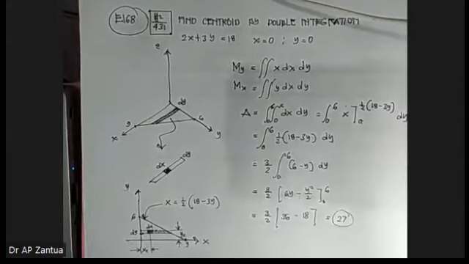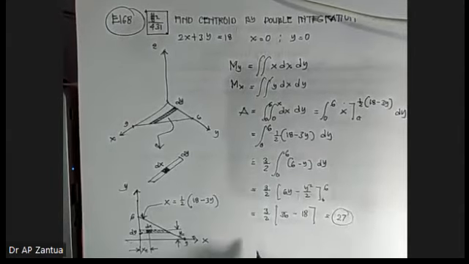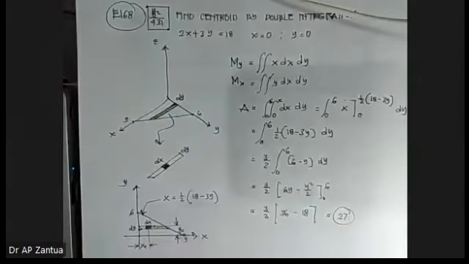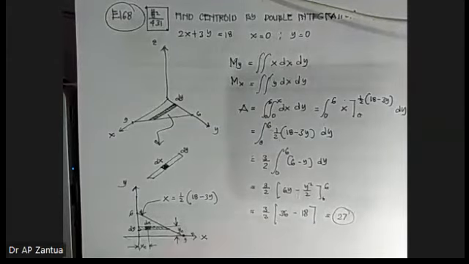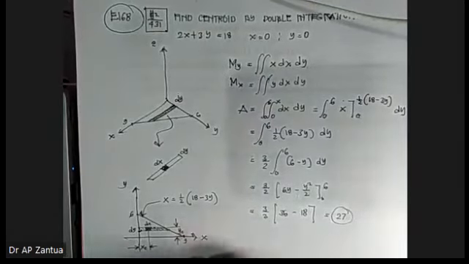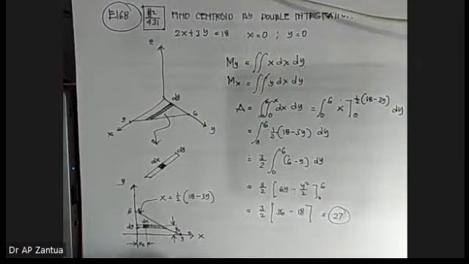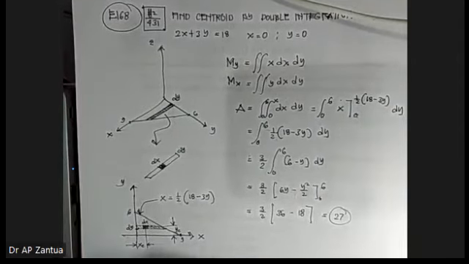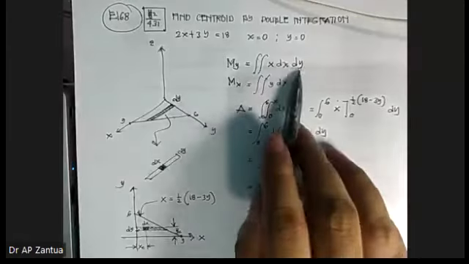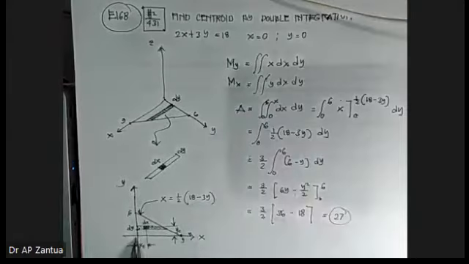Okay. So let us do this one by one. What is the total value of this? Let us do this. My is equal to the integral. The outer integral is from 0 to 6.